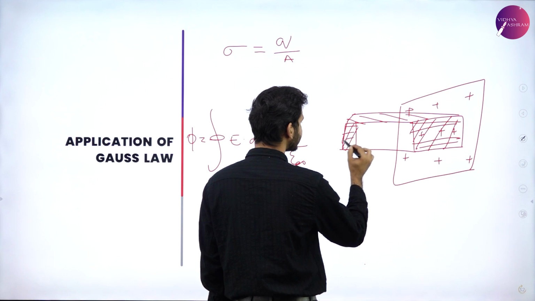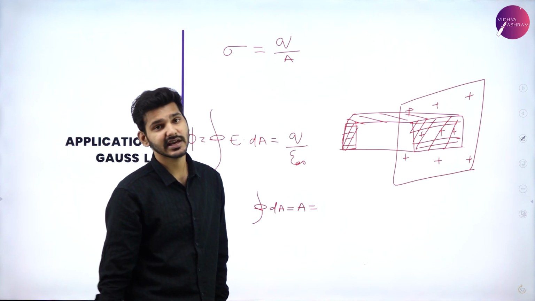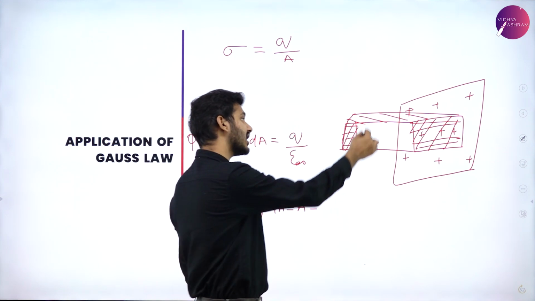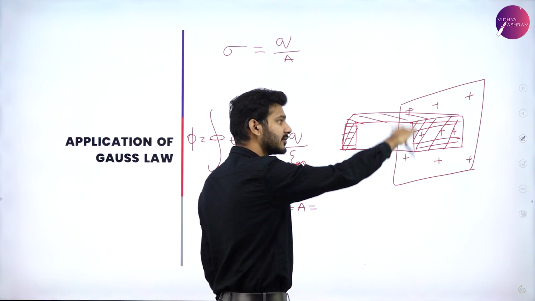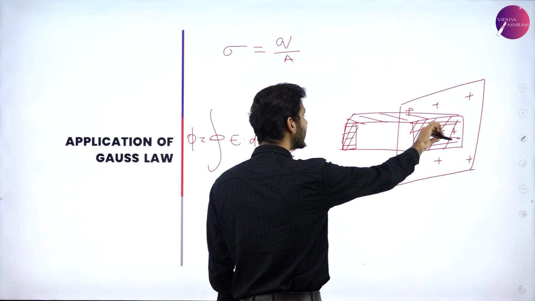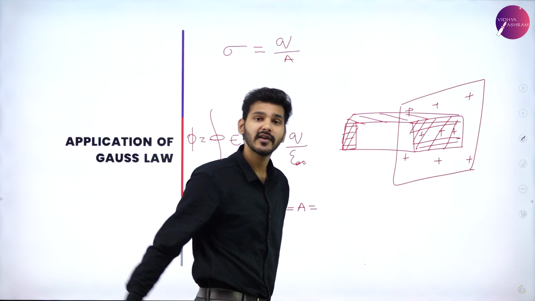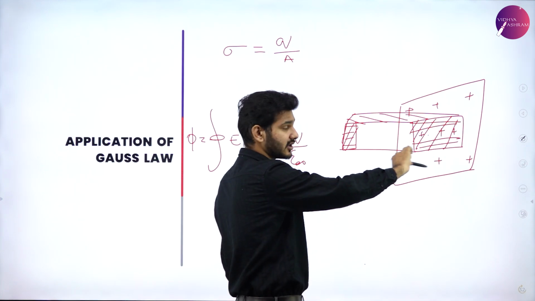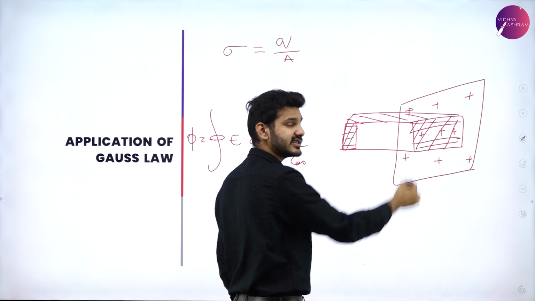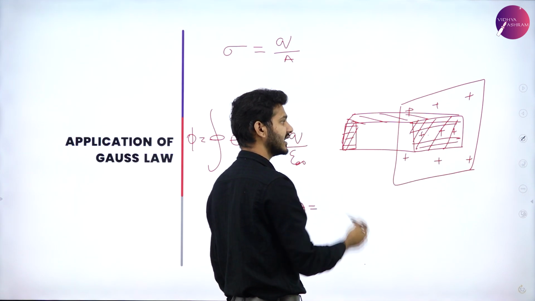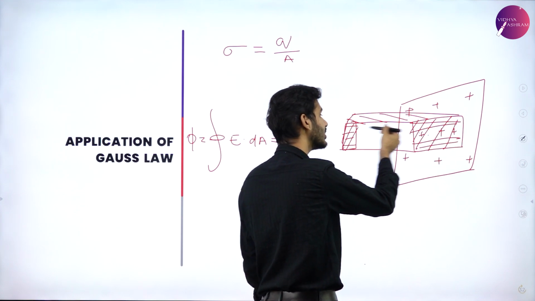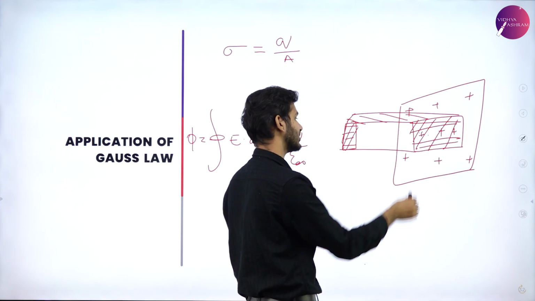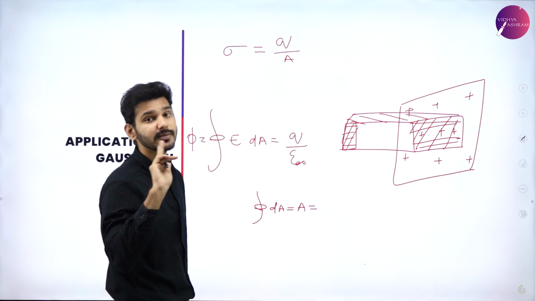So these two faces are the only area which will be adding up, while the other two areas will get cancelled, because the vertical components will cancel each other out while the horizontal components will add each other. That is because there is a face on this side and there is a face on this side. Remember that the field lines are coming out in this direction and in this direction. So there will be two faces, so there will be two areas.